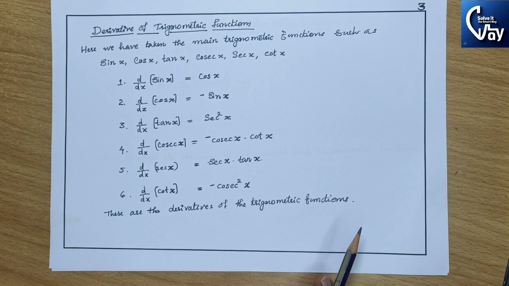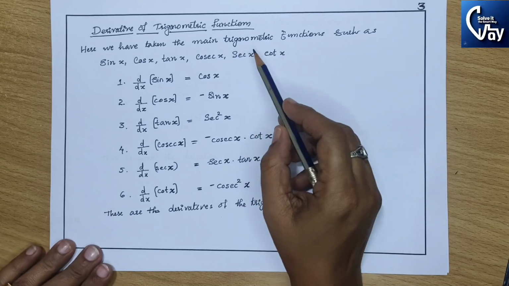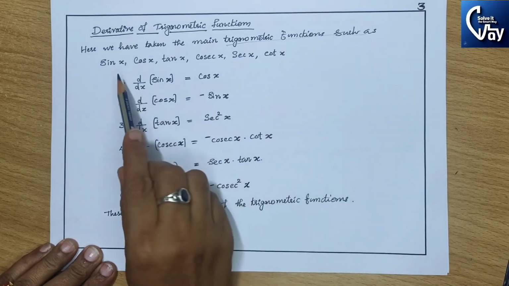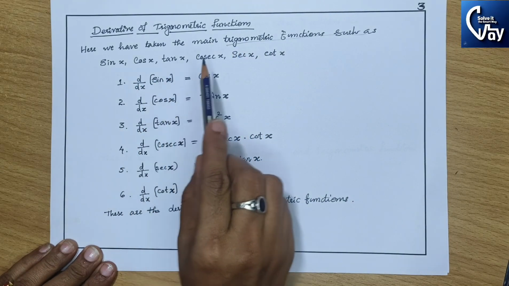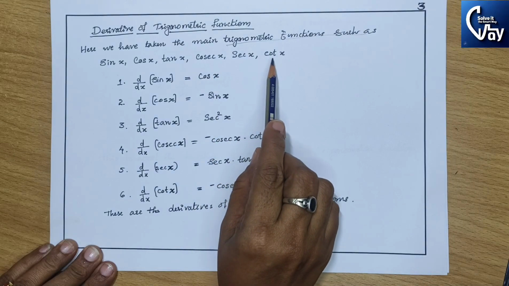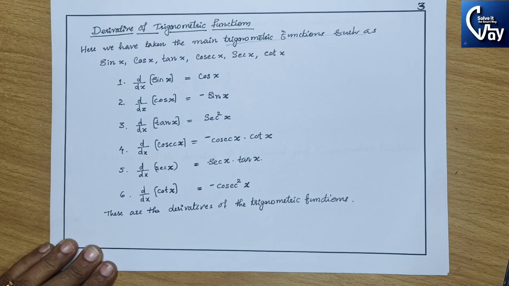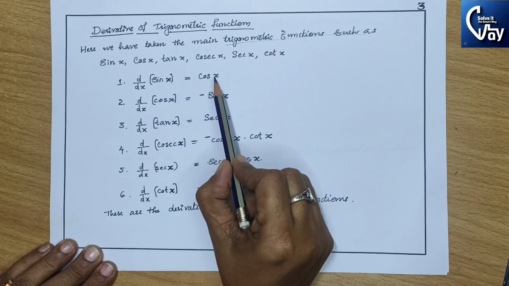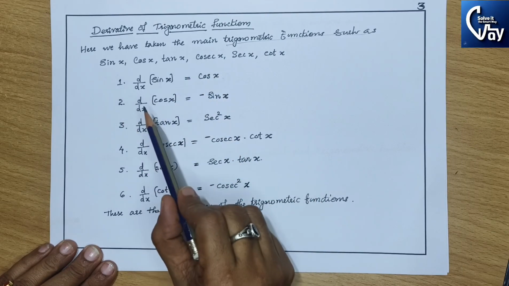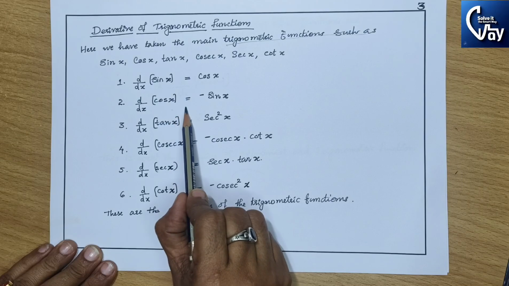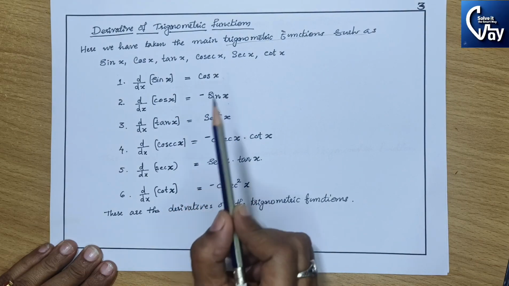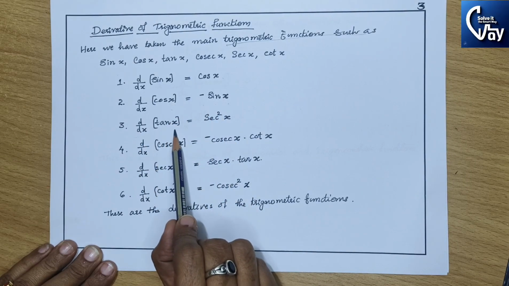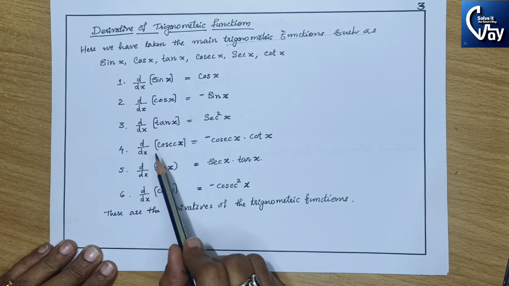Derivative of trigonometric functions. Here we have taken the main trigonometric functions such as sin x, cos x, tan x, cosec x, sec x and cot x. First one, derivative of sin x equals cos x. Derivative of cos x equals minus sin x. Derivative of tan x equals sec square x.